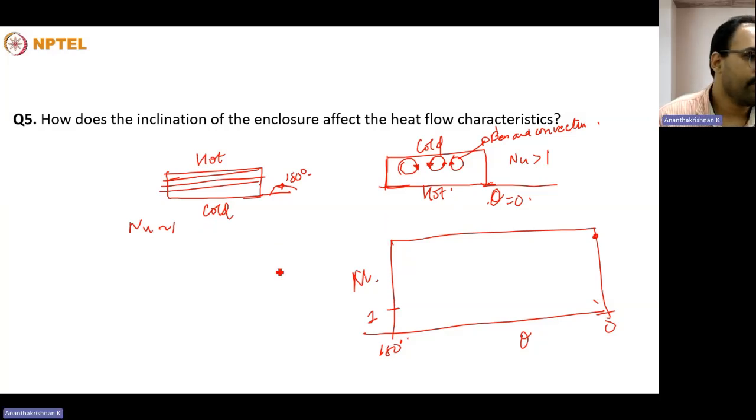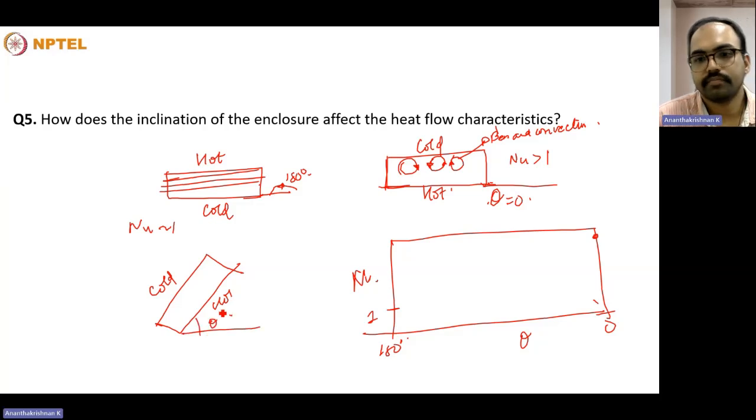So what we do is that we tilt this cold, hot, and this is theta.